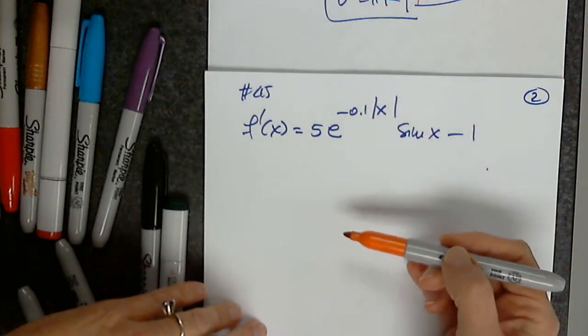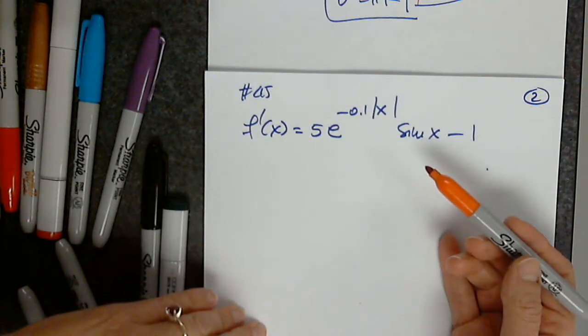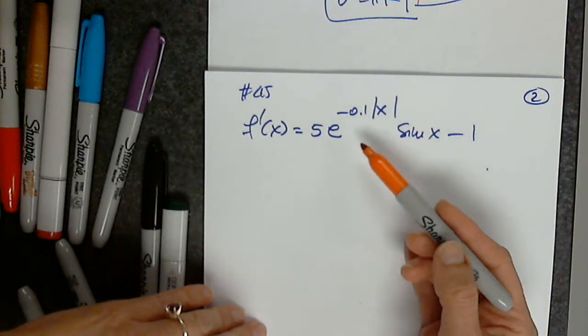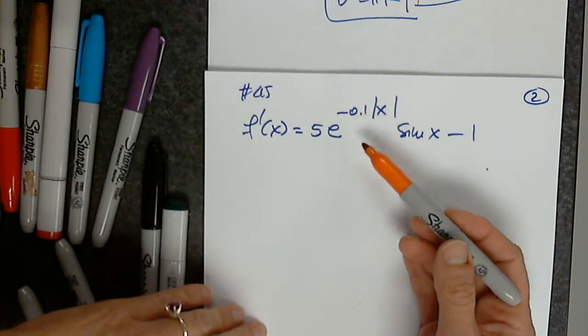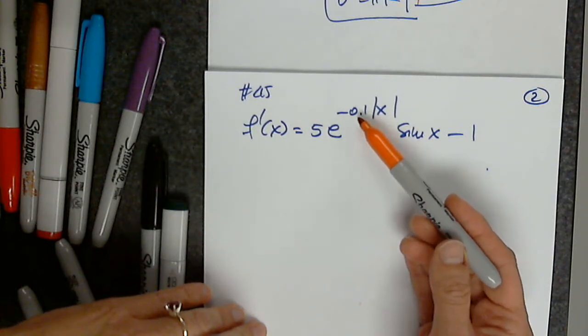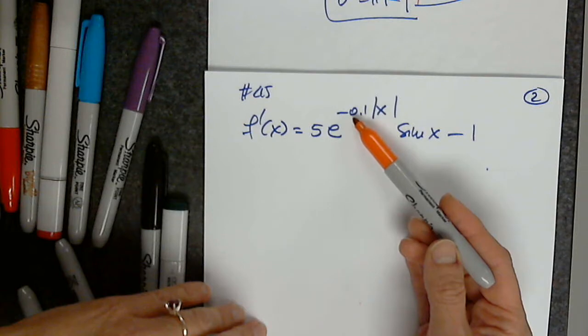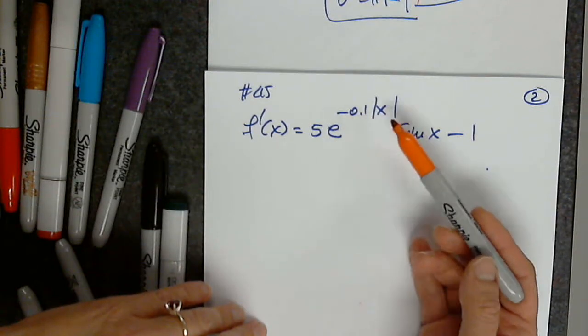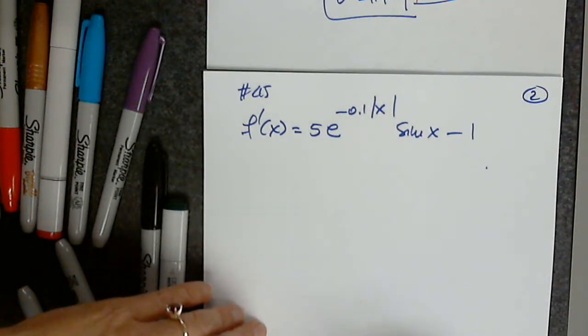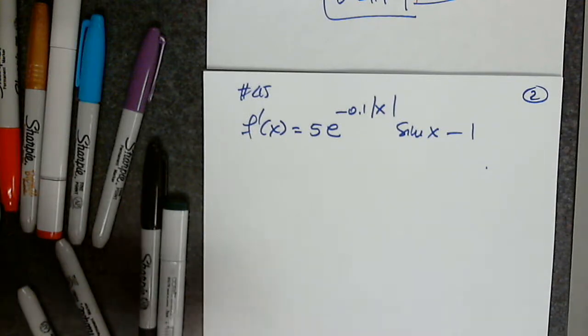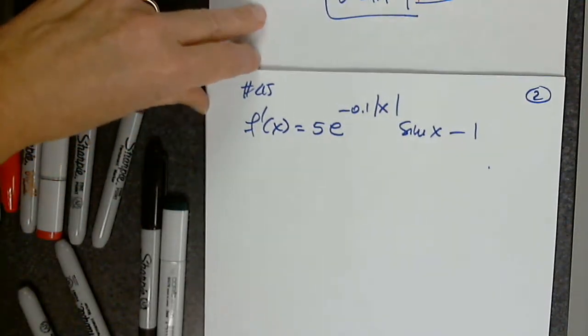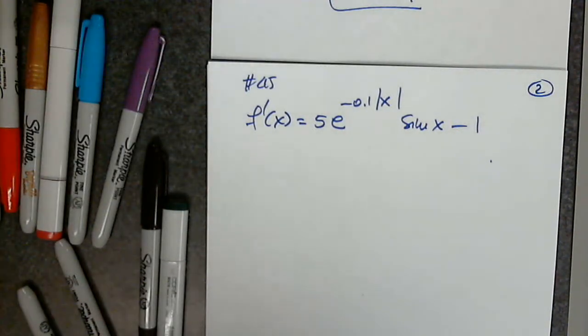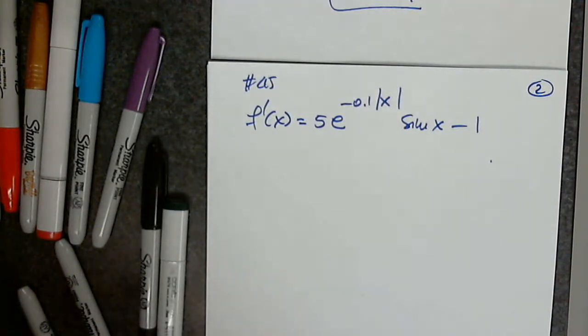Even if it's 1 over e to a number, if it's 0.1x or negative 0.1x, it's not going to make any difference. E to a number is defined on all real numbers. So there will not be critical numbers coming from f prime being undefined.